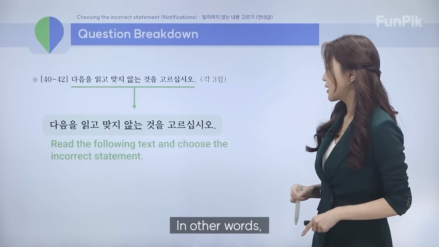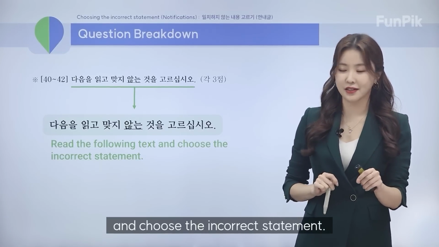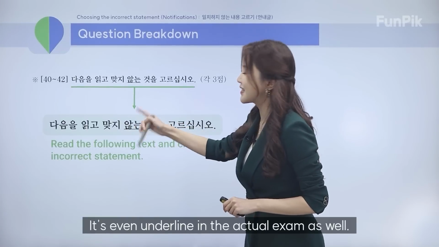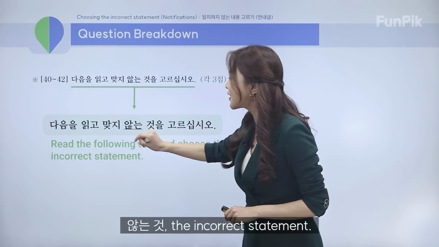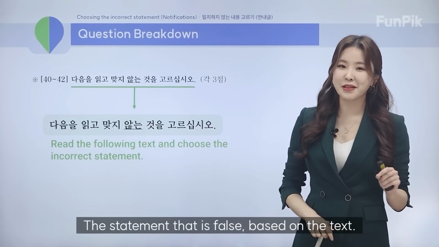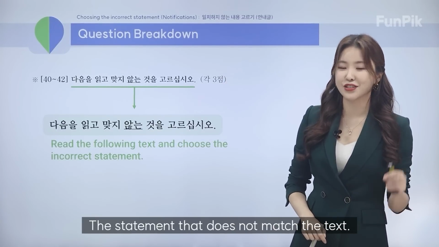In other words, read the following text and choose the incorrect statement. The key word here, it's even underlined in the actual exam as well, 않는 것, the incorrect statement. The statement that is false based on the text, the statement that does not match the text.